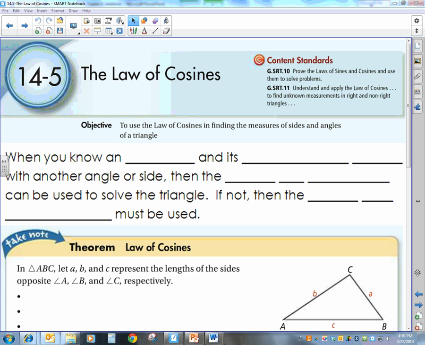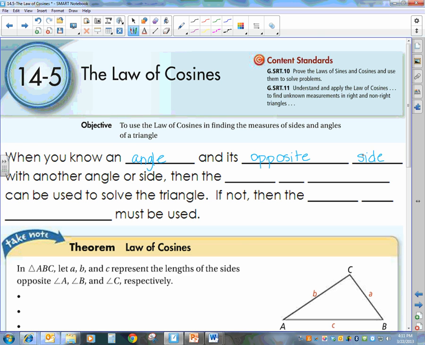Okay, today we're covering the law of cosines. So to bring it back together with what we did yesterday, we covered the law of sines. And when you know an angle and its opposite side, of course with another angle or side, then the law of sines can be used to solve the triangle.